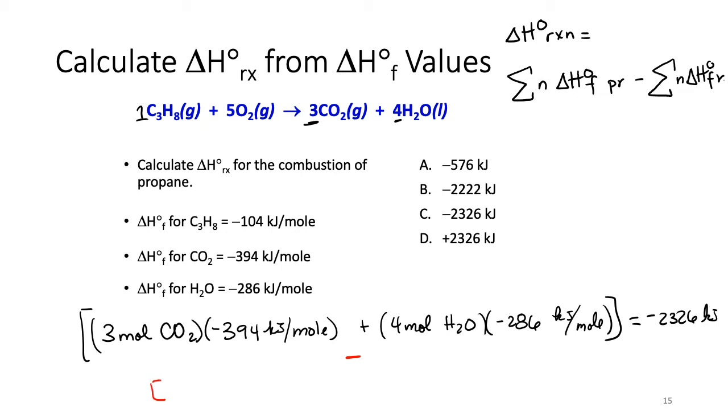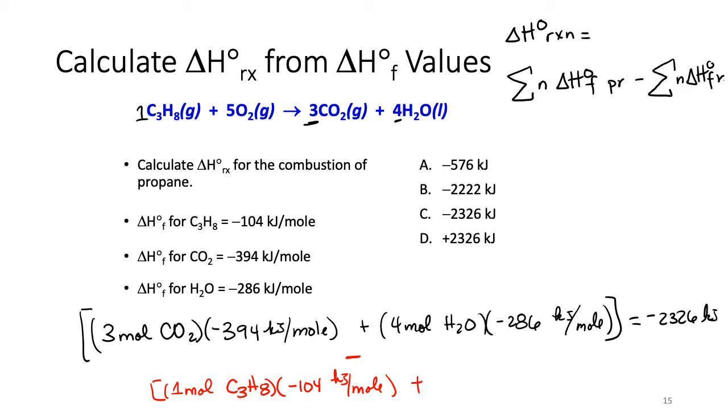So I have 1 mole of propane times the value for 1 mole of propane, which is negative 104 kilojoules per mole. To that, I'm going to add the value for oxygen. You're like, you did not give me oxygen. Why do I have 2 unknowns?